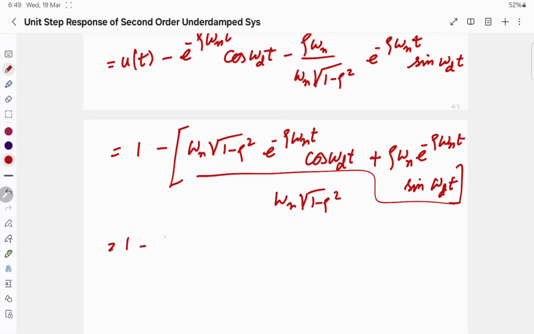So you can take e power minus zeta omega nt divided by omega n square root of 1 minus zeta square outside.